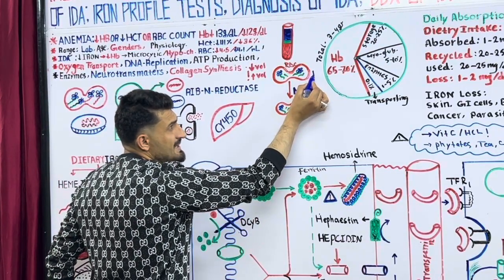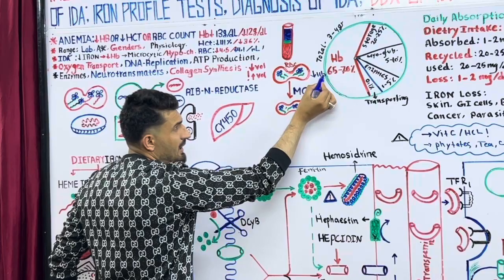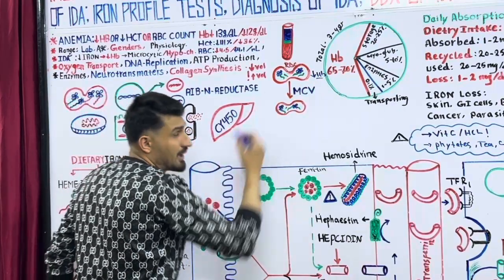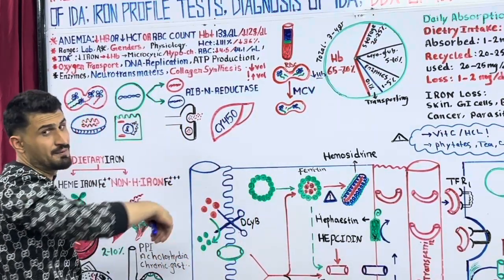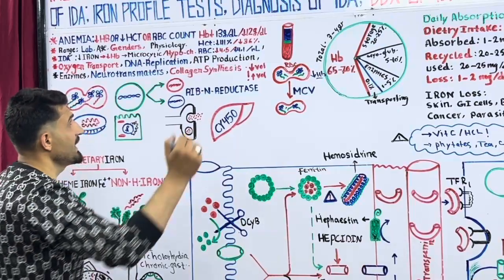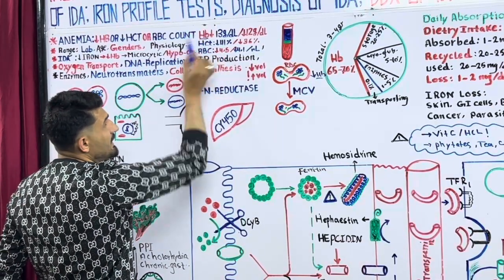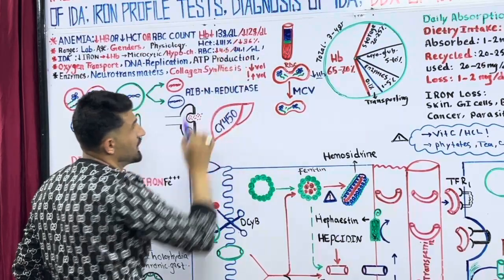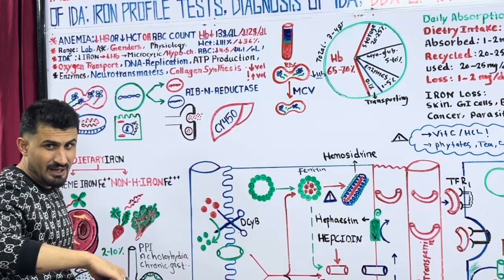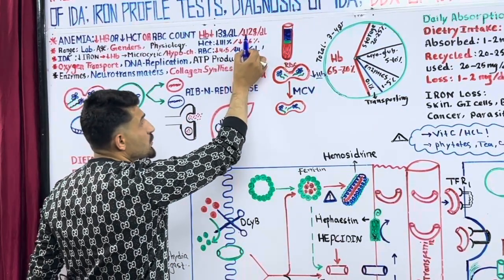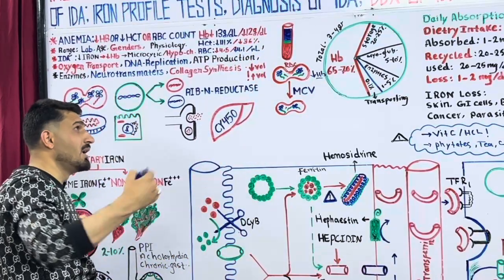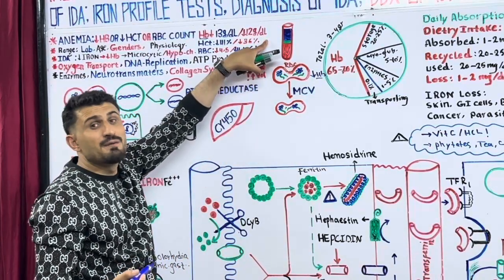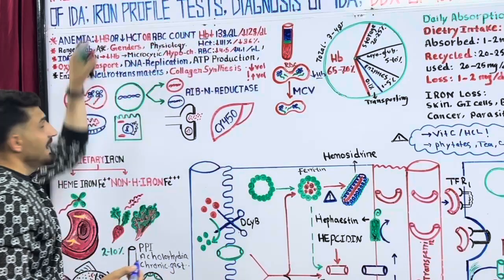When we have less HB in our body or in our RBC, this is defined as anemia. For example, when the hemoglobin level drops below 13 grams per dL in males or below 12 grams per dL in females, this is called anemia.